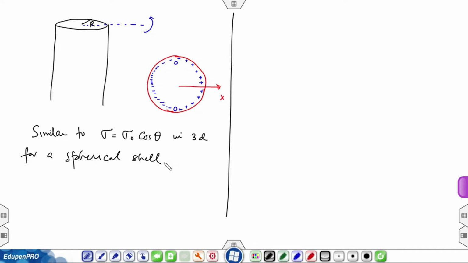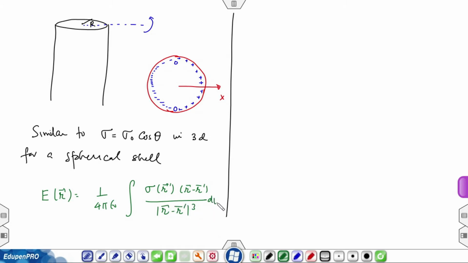So, again, if I go by the formula that we did earlier, E of r equals 1 over 4 pi epsilon 0, and in this case it will be the integral of sigma of r prime times r minus r prime over modulus r minus r prime cubed, d s prime, not d v prime, because the integral is going to be over a surface, and I should put a vector sign over the electric field.